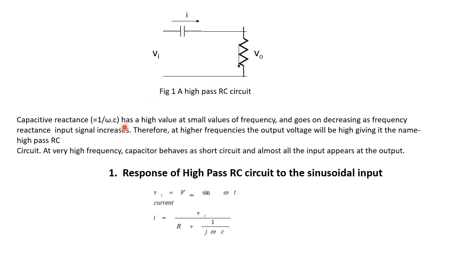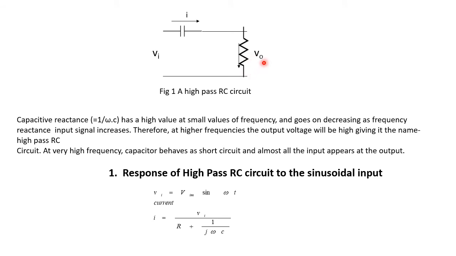But when the frequency of the applied signal is very high, that is omega is very high, then the capacitive reactance is very low. So in these cases, the potential drop produced across the capacitor will be very low. Hence, most of the applied voltage will appear across the resistor. In other words, for higher frequencies, the output voltage will be high.